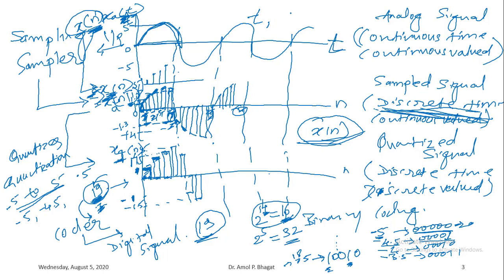Capital T is also called the sampling interval. Small n is the time unit for the sampled signal or discrete time signal. Here we have taken the sampling time interval as capital T. So the selection of this capital T, the sampling time interval, plays an important role when you are trying to convert your analog signal from the digital signal. The analog signal can be reconstructed from the samples, provided that the sampling rate is sufficiently high.